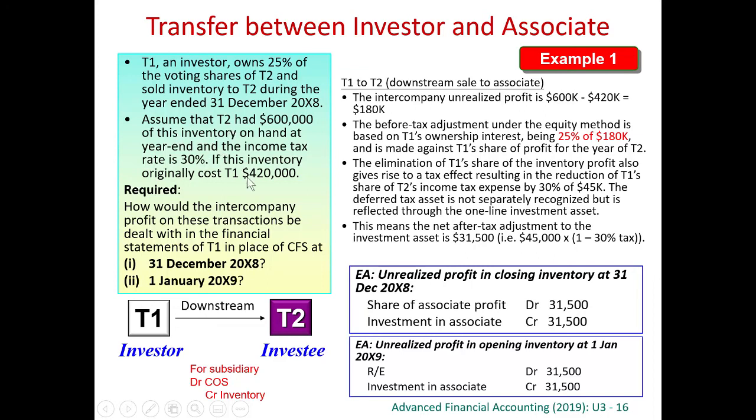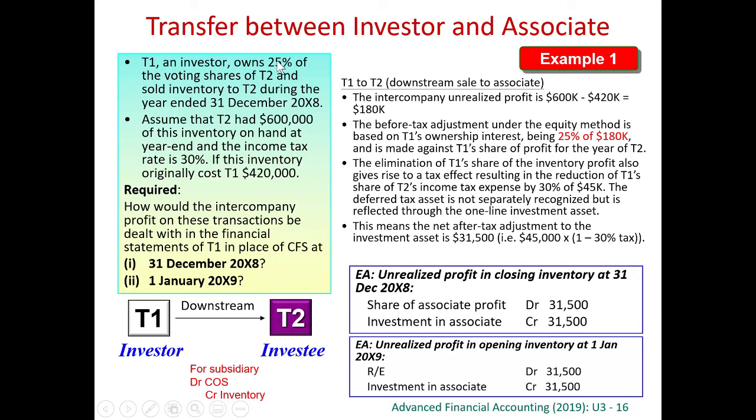The tax rate is 30%, and the original cost to T1 is 420,000. So potentially there can be an overstatement of inventory amounting to 180,000, because originally it should be 420,000 and now T2 recorded 600,000. So the unrealized profit or overstatement of inventory is 180,000.